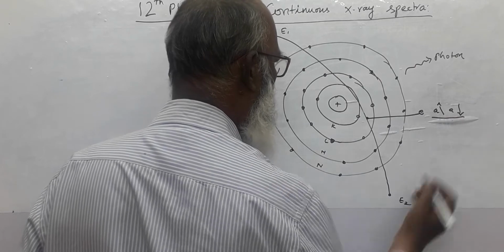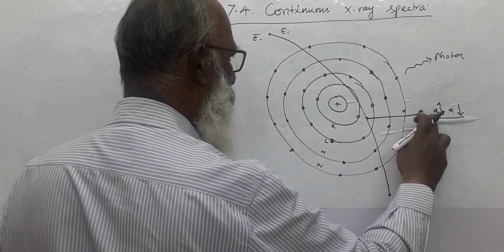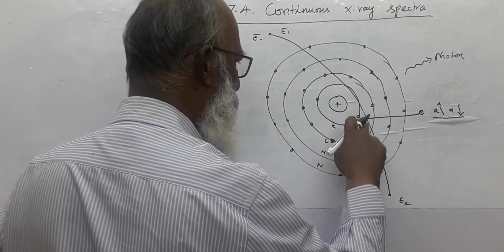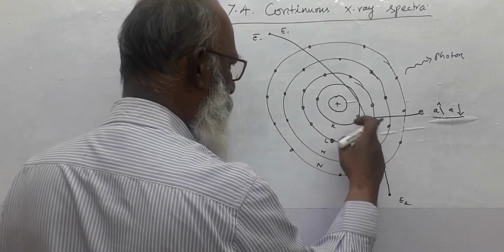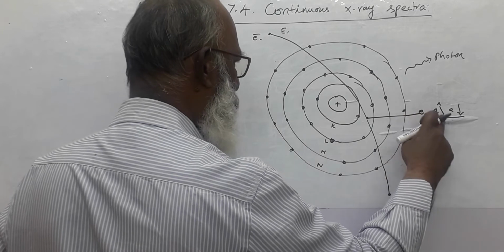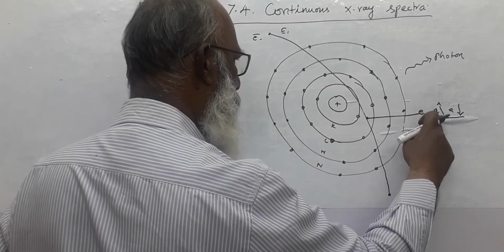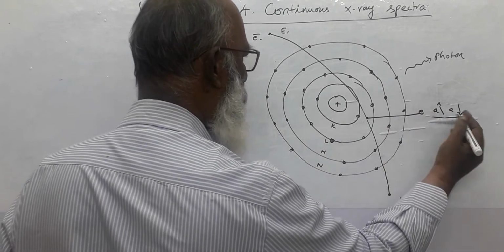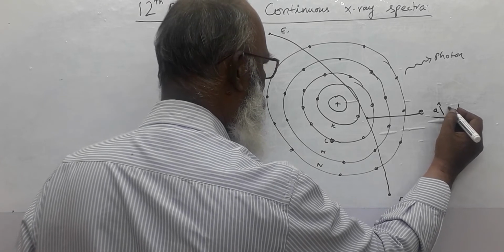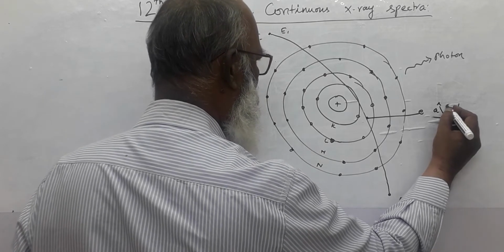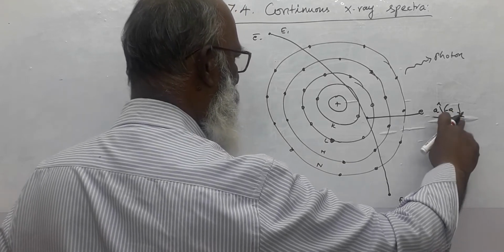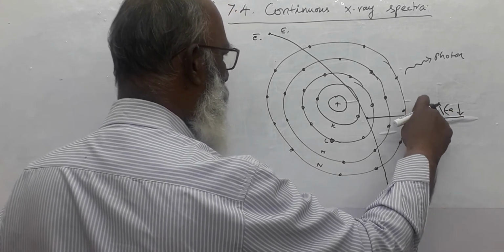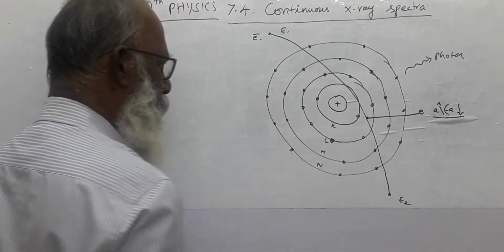Two things may happen. The acceleration of the electron may be increased, or it may be reduced, even to a negative value. That is called a decreasing value of acceleration, and this is called an increasing value of acceleration of the electron.